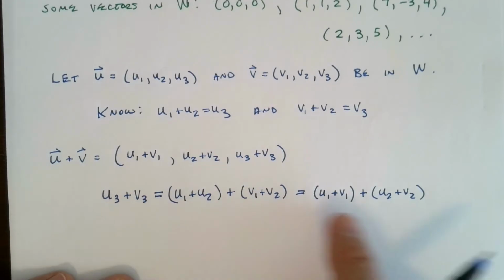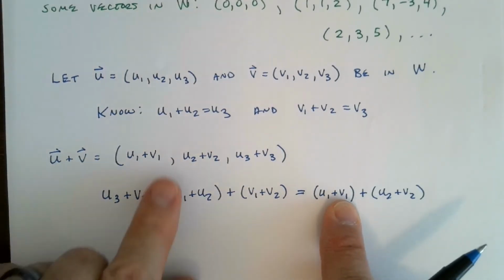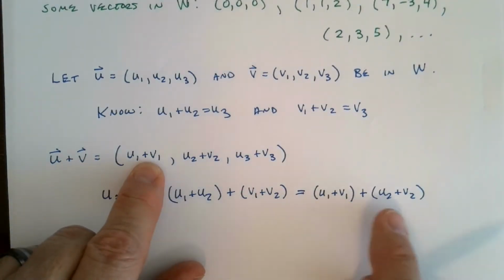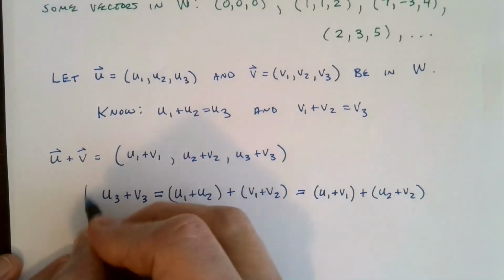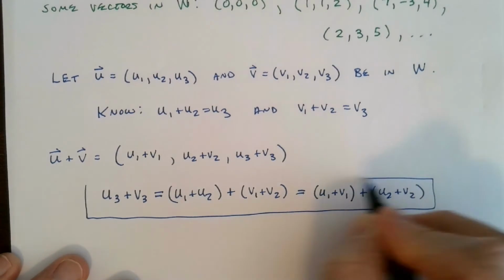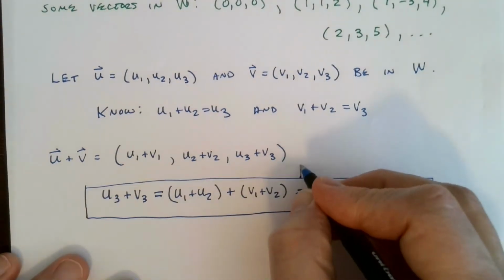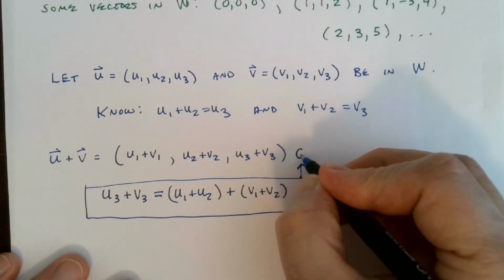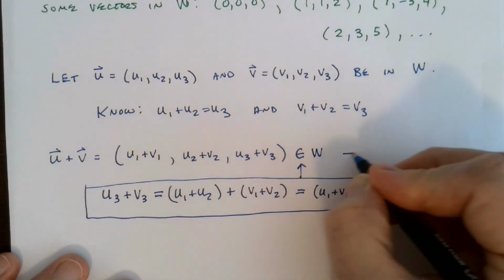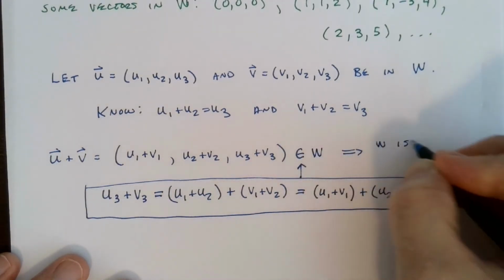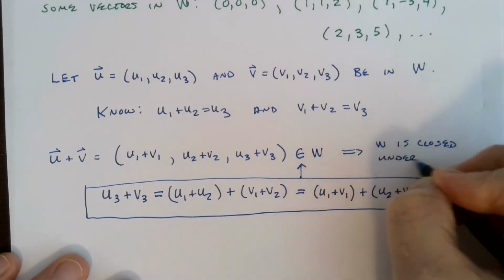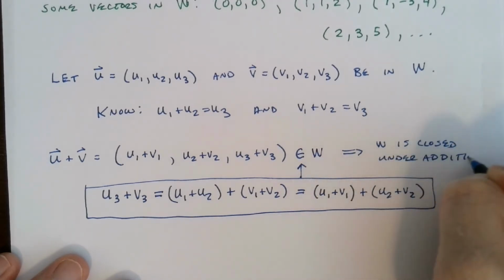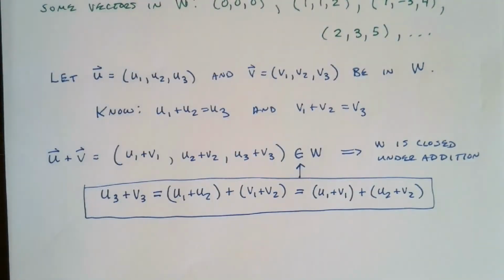U3 plus V3 is equal to U1 plus V1, which is the first component, plus U2 plus V2, which is the second component. So this information here tells me that this vector is indeed in the set W, and I know that W is closed under addition. So that's the first step in the proof.